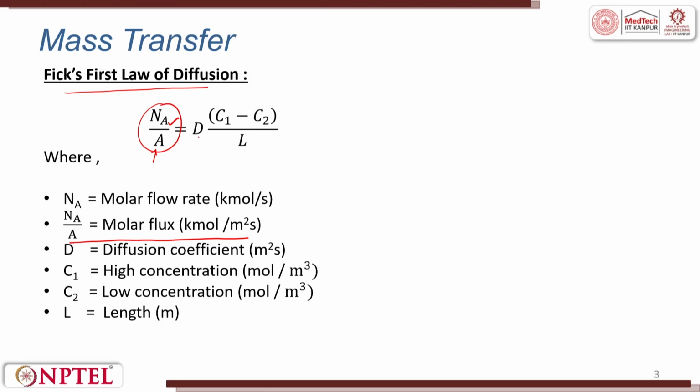This is equal to D times the concentration gradient, that is the difference in the concentration of the two media in discussion, C1 minus C2, where C1 is high concentration in moles per meter cube and C2 is low concentration in moles per meter cube, by L, the length through which mass transfer is being discussed, that is length of mass transfer, L in meters.